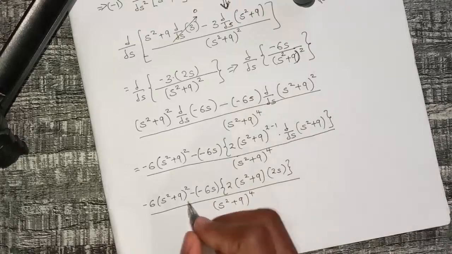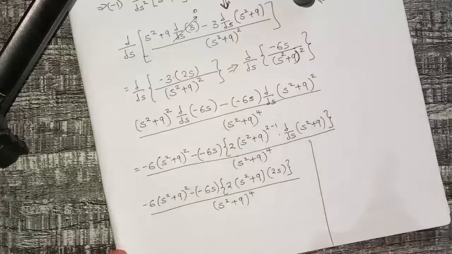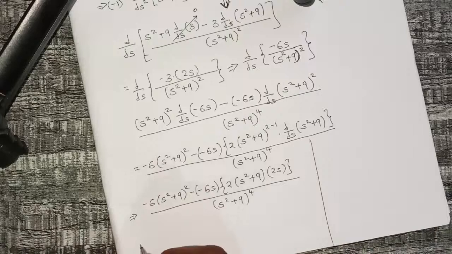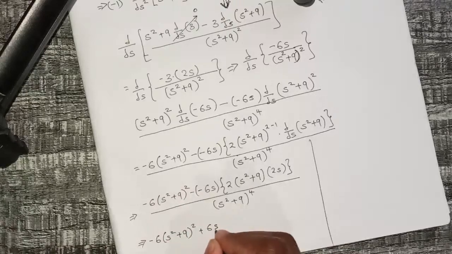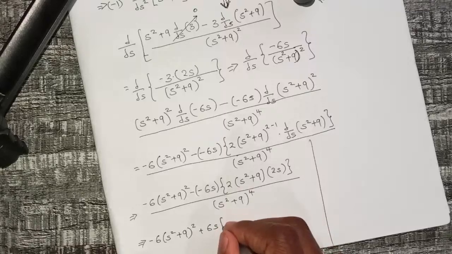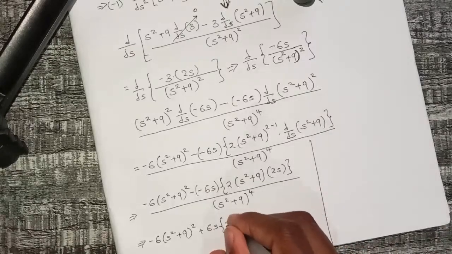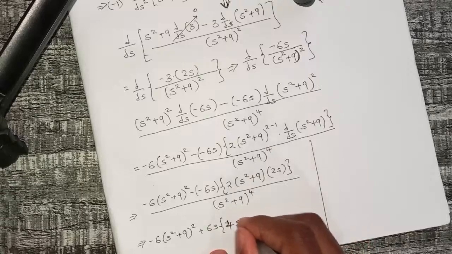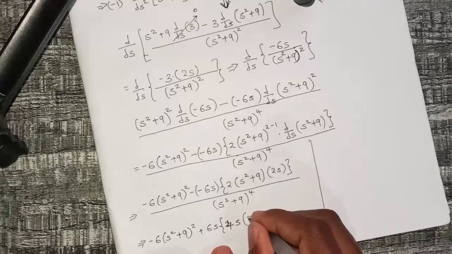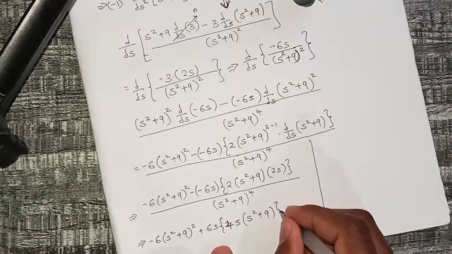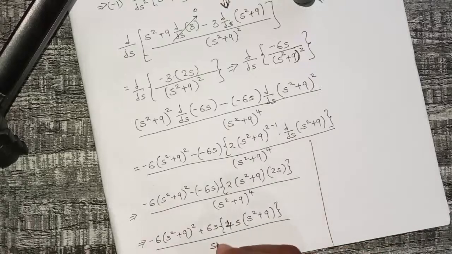If we simplify, the sign changes to positive, so this is minus 6 times (s squared plus 9) squared plus 6s times 2 times 2, which is 4s, times (s squared plus 9), divided by (s squared plus 9) to the power of 4.